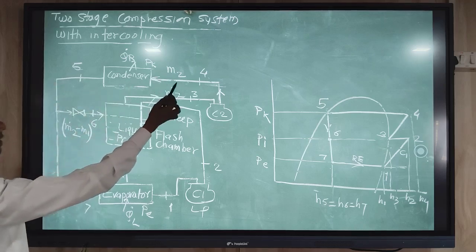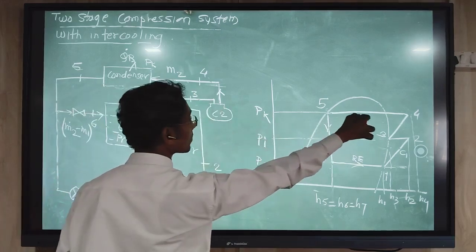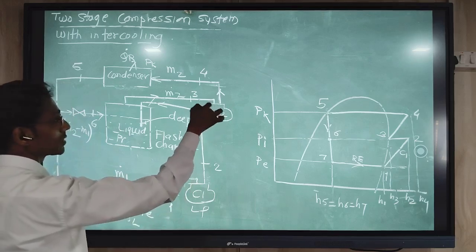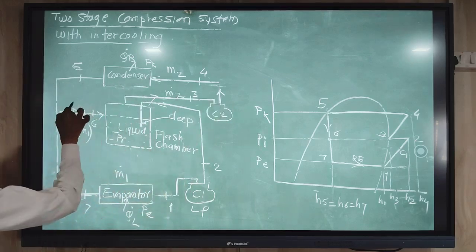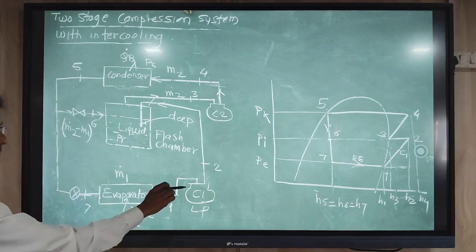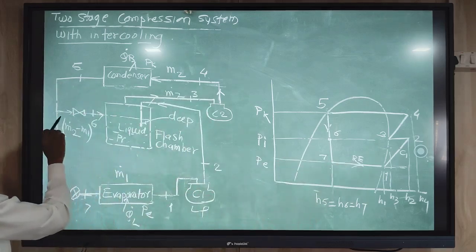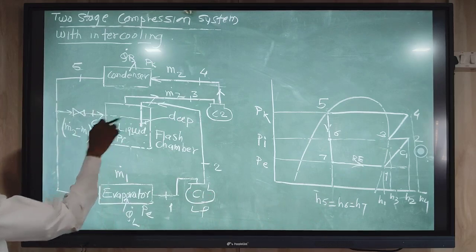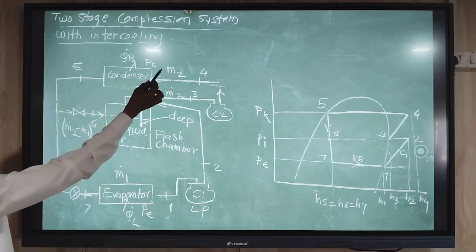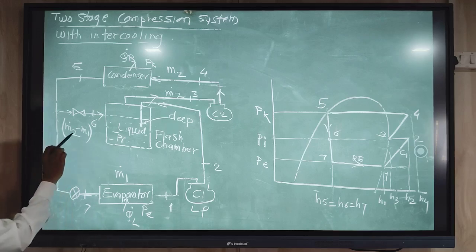This is the mass flow rate M2 dot, which is circulated in the upper envelope, the second compressor. Out of M2 dot, some refrigerant, M1 dot, passes in the lower envelope through compressor 1. So how much refrigerant goes to the flash chamber is the difference, M2 dot minus M1 dot.